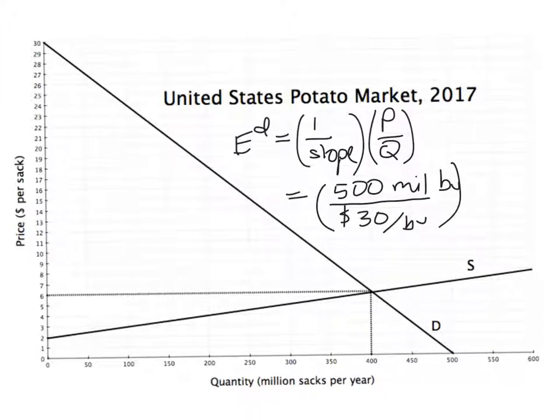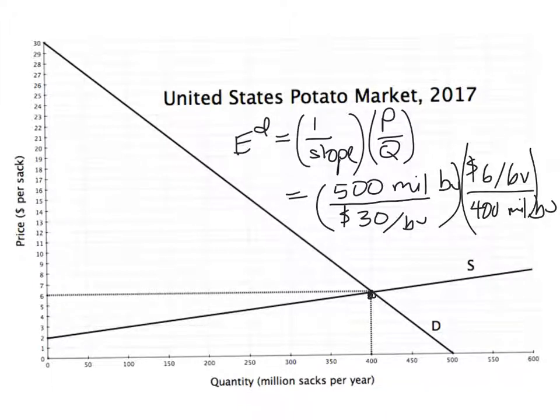And then we're going to multiply that by the price. Originally we're just looking at the elasticity at this original point. And so the price was $6 per bushel, and the quantity sold was 400 million bushels.